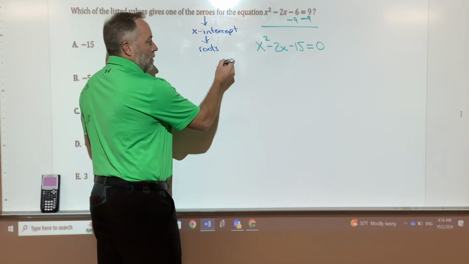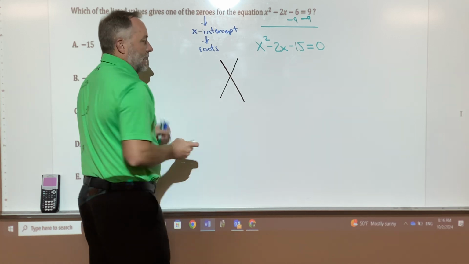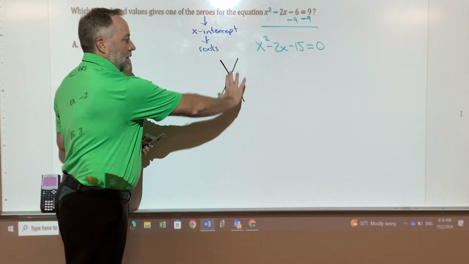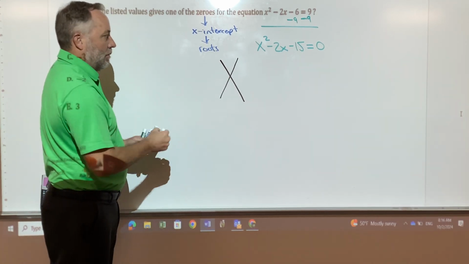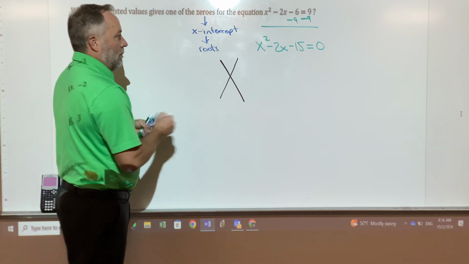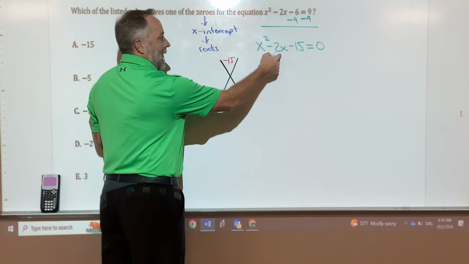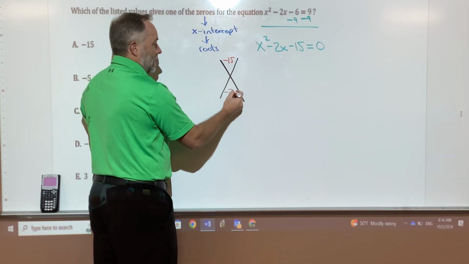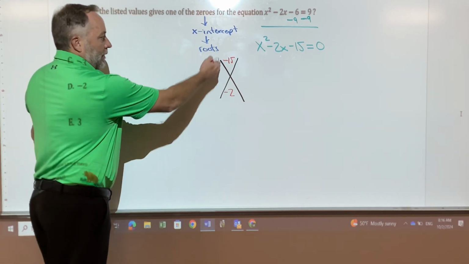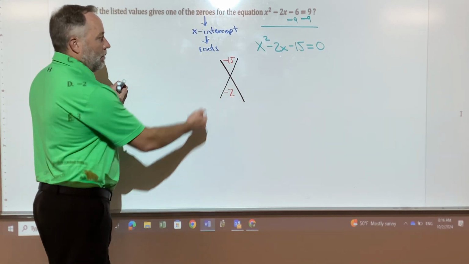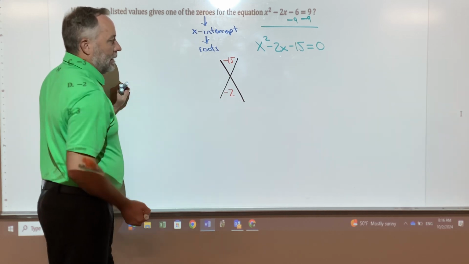So you can organize it in a lot of ways. Sometimes I like to show this organization method of an x to say we're going to be looking for 2 numbers that multiply to get negative 15 and add to get that middle value, which is negative 2. So you're finding factors of 15 that multiply to get negative 15 and add to get negative 2.